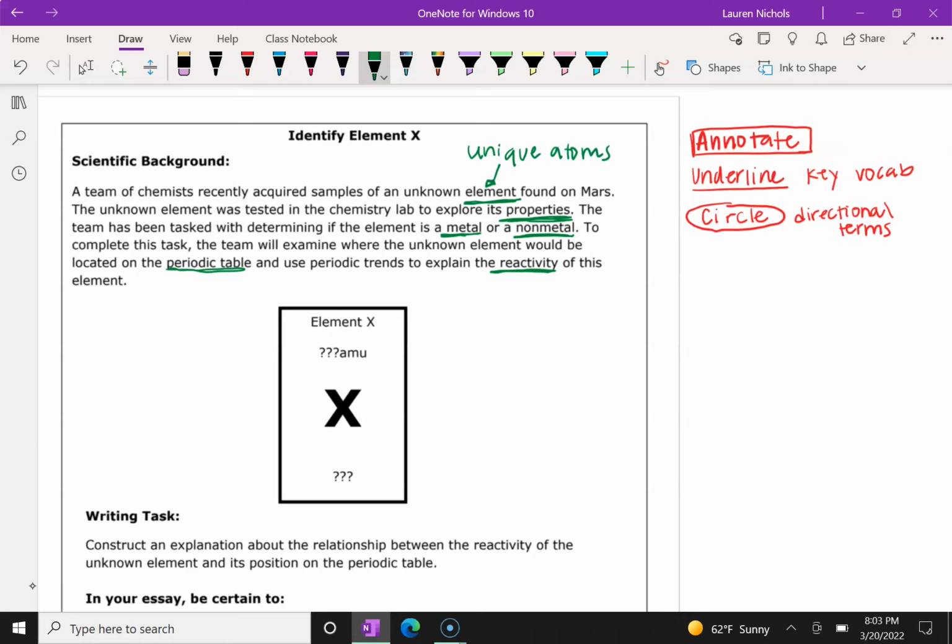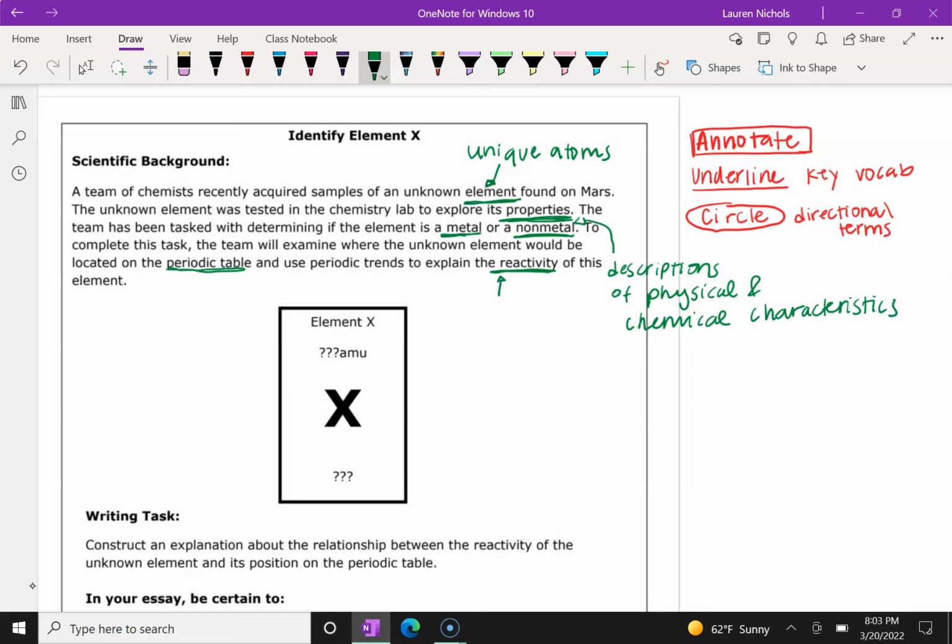Okay. And we know that properties are just descriptions of the physical and chemical characteristics. And let's pick another one.